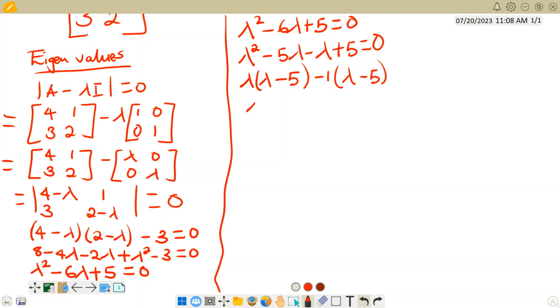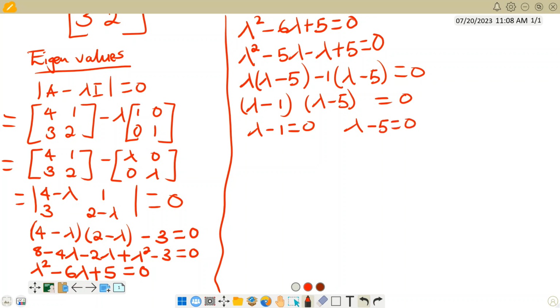Then we group these, so this will be lambda minus 1 and also lambda minus 5. We know that this is equal to 0, so we've got two equations. So lambda minus 1 is equal to 0, and lambda minus 5 is equal to 0. Therefore the first one will give us lambda 1 is equal to 1, and the second one will give us lambda 2 is equal to 5.